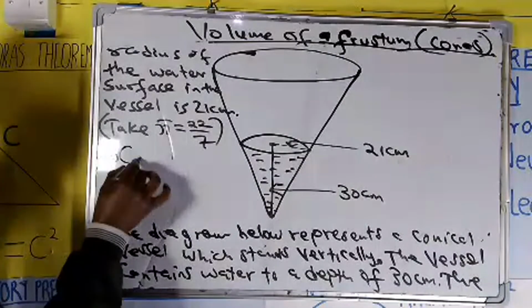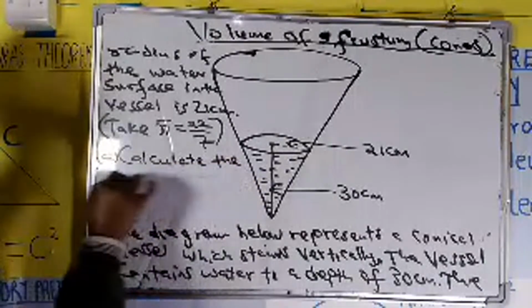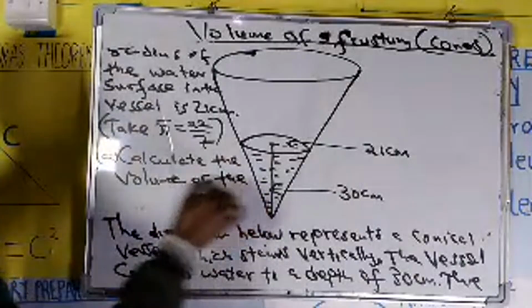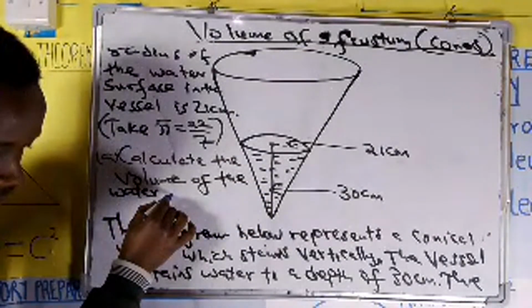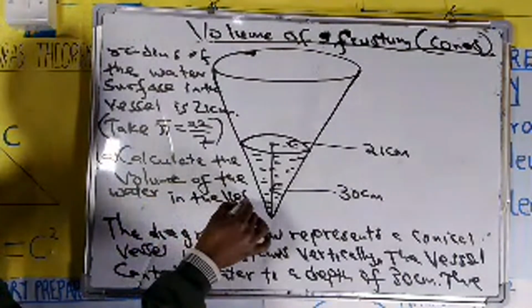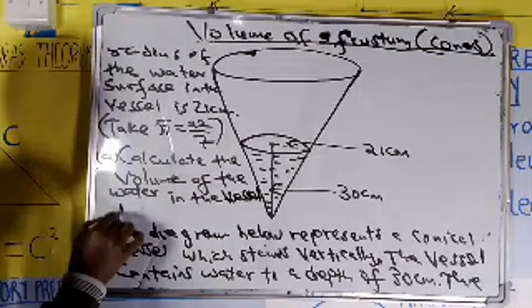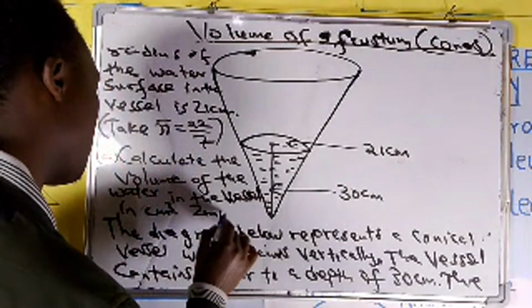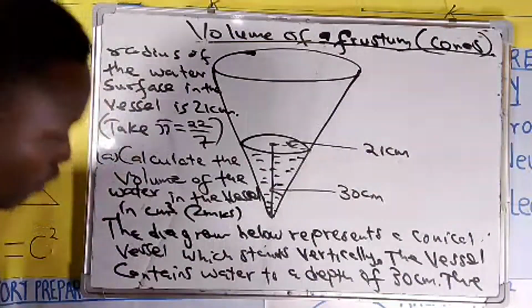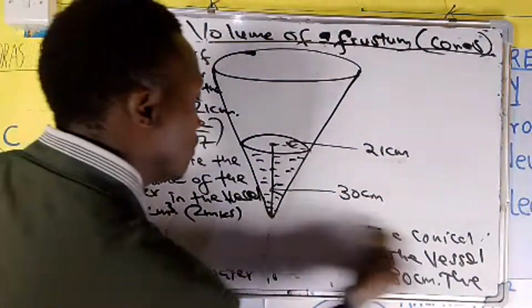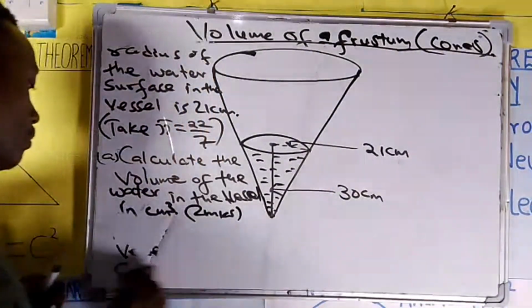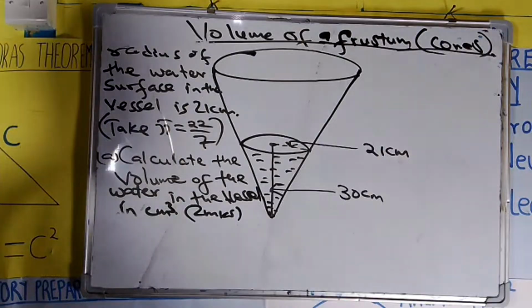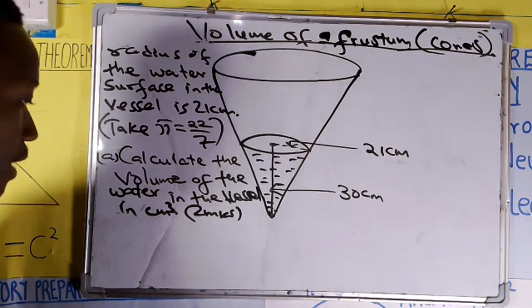A, calculate the volume of the water in the vessel in centimeters cubic. That question is 2 marks.